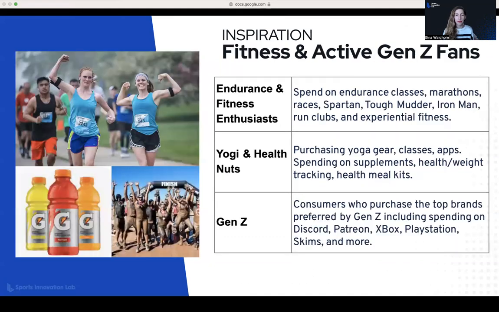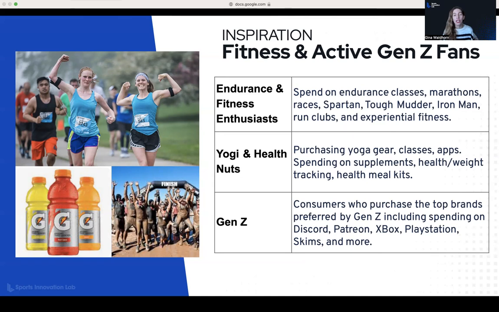And finally, we know that a lot of brands out there might be looking for sports adjacent consumers, fitness, active, athletes themselves. Maybe you're looking for individuals who purchase Gatorade. But just to know that someone purchased Gatorade isn't always enough, because you don't know if they're purchasing Gatorade because they're hungover or they're sick and they just want to hydrate, or if they purchase Gatorade and they're also really into endurance sports.